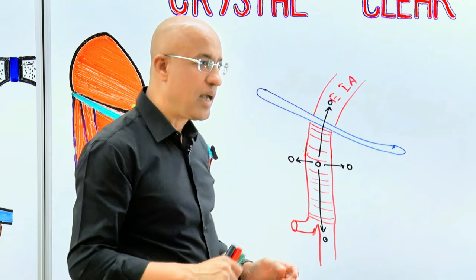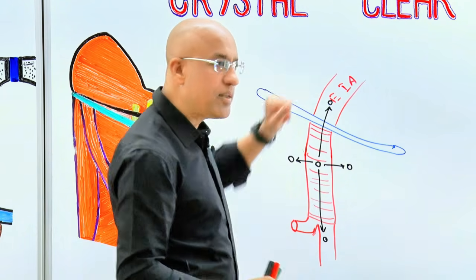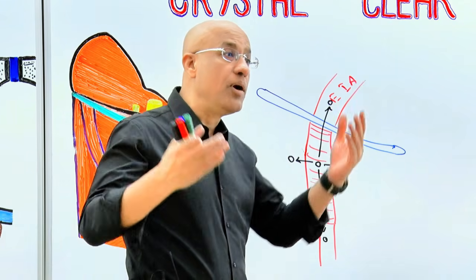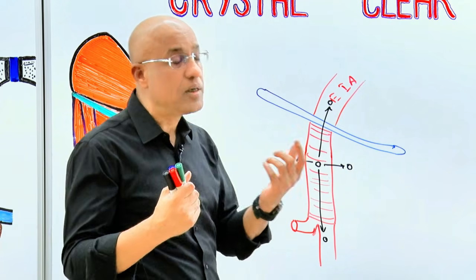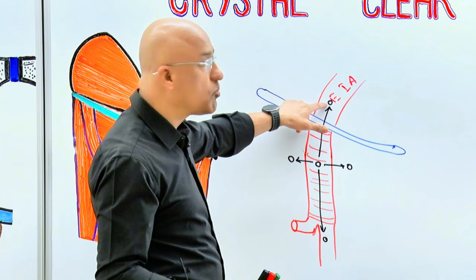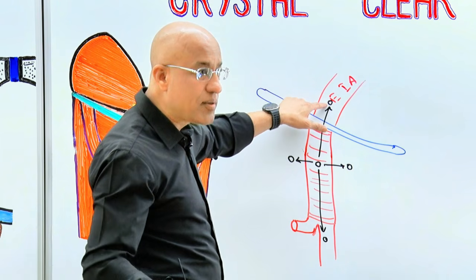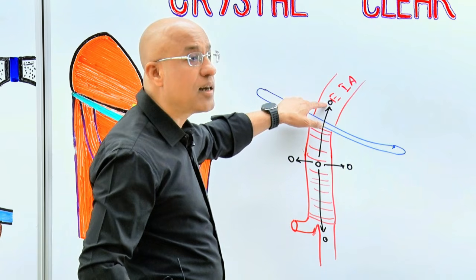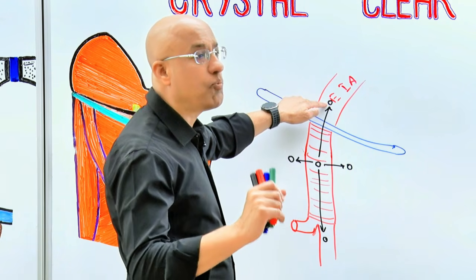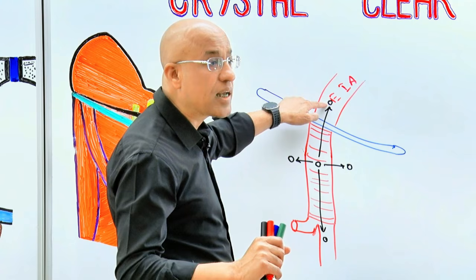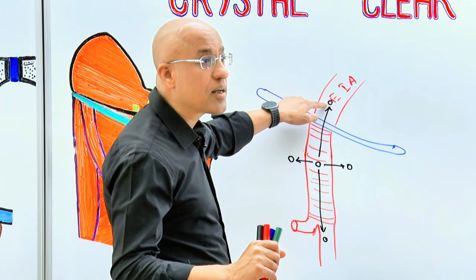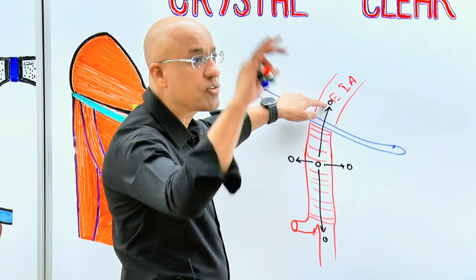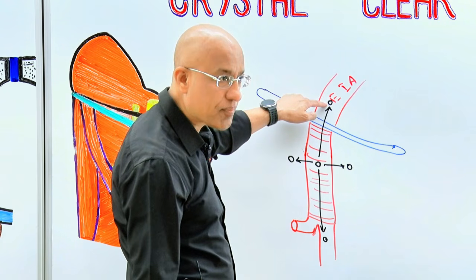Number one, we cannot compress it and stop it. Number two, we may not be aware that the patient is bleeding, because the retroperitoneal area can take liters of blood without significant clinical signs and symptoms until the cardiovascular system is about to collapse, right?